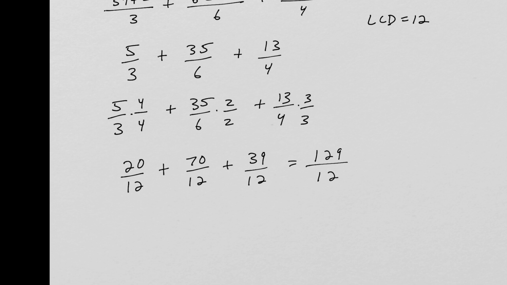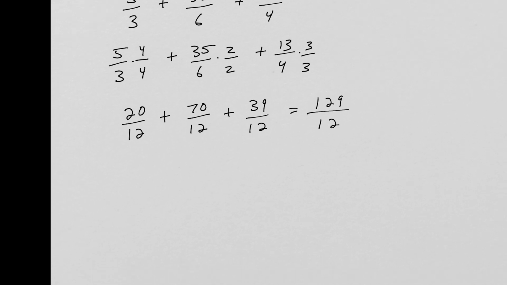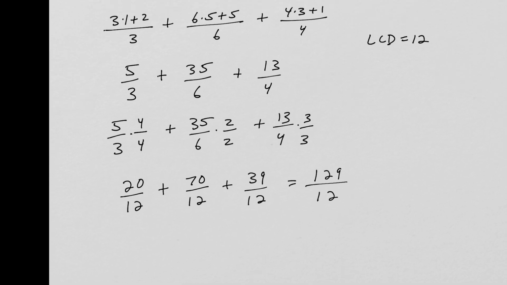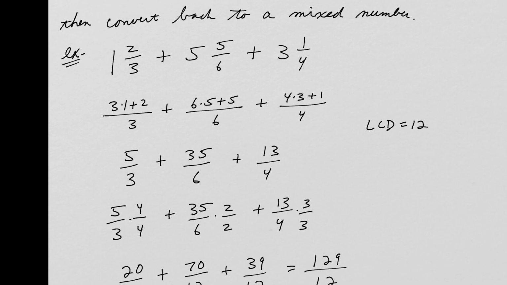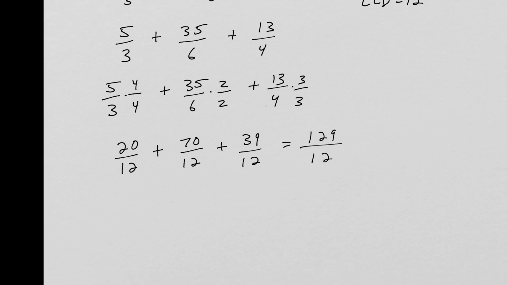Let's convert that back into a mixed number first, and then we'll simplify if we need to at the very end, okay? So that's the answer, but it's an improper fraction, right? Because they gave us the original problem as mixed numbers, they probably want the answer, and usually that'll be the case, as a mixed number, okay? So I need to convert this into a mixed number.